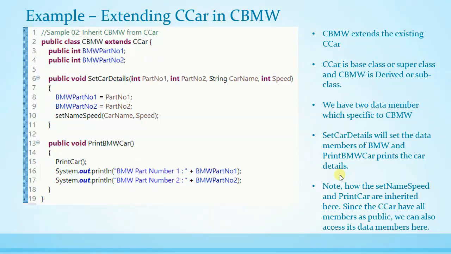So we are calling printCar at line 15. The printCar will print the basic members, which we already saw. Then we put two more System.out.print lines here at lines 16 and 17. That prints the internal members, BMW part number 1 and 2.